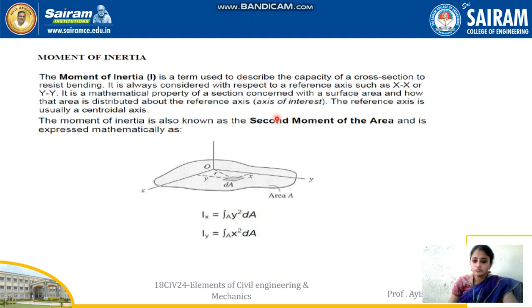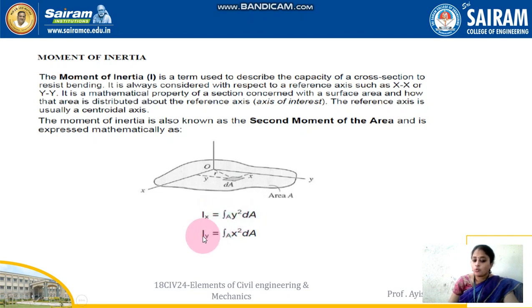Okay. So here you can see Ix is A into y bar squared. Ix is area into the perpendicular distance. For x, the perpendicular distance is y, so Ix is equal to A into y square.